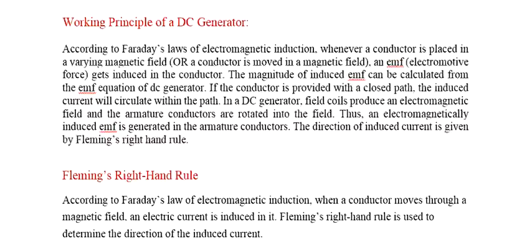So if there is a relative change in the magnetic field with respect to the conductor, we will get an EMF. EMF is nothing but electromotive force which will be induced in the conductor that is placed in the field.